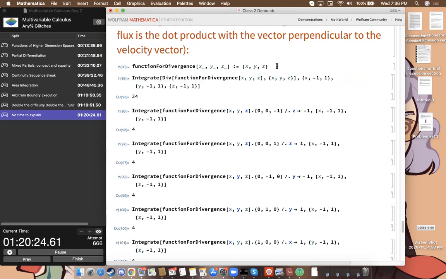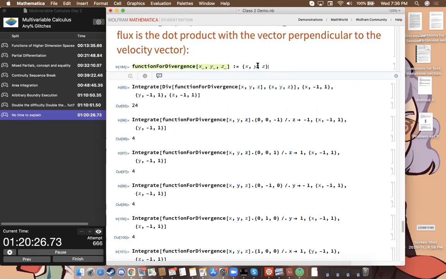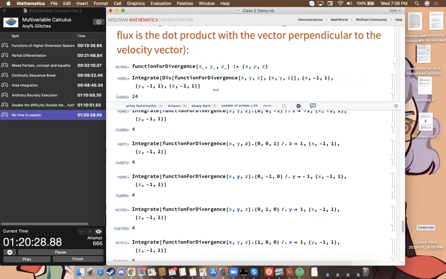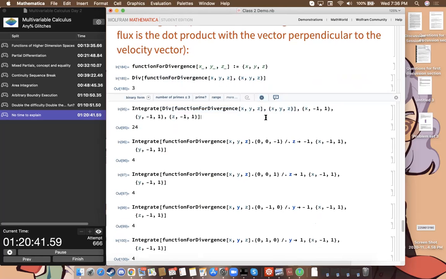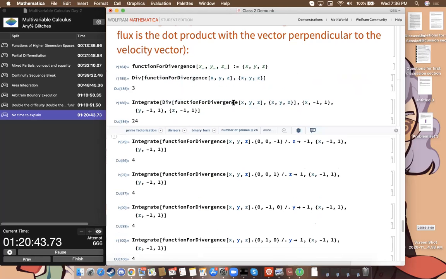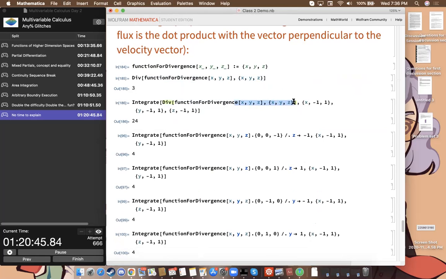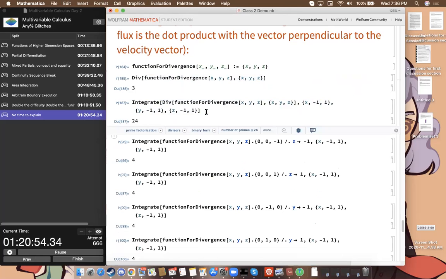So let's take an example, a very simple function, x, y, z as our function for divergence. If we integrate the divergence, well, first of all, do we know what the divergence of this is going to be? It's dx dx, dy dy, dz dz, which is just 3. And if we integrate that over the volume, x from -1 to 1, y from -1 to 1, and z from -1 to 1, we get 24.